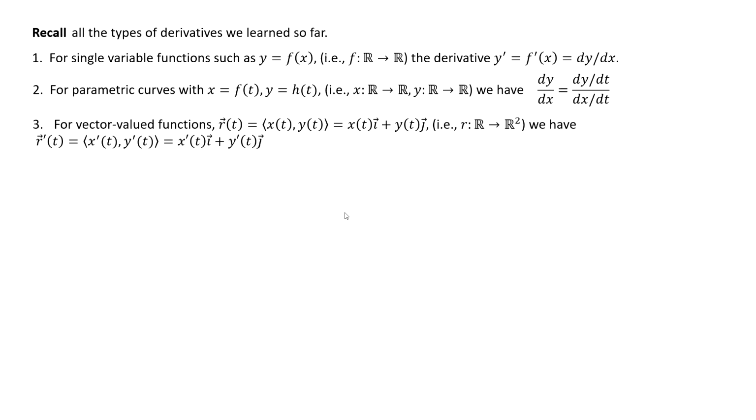Okay, then what happened? We had to come to Calculus 3 to learn about a few more things. When it came to functions, for the first time, we learned about what are called vector-valued functions. What are vector-valued functions? You give an input t, that's all you give, and what do you get as an output?